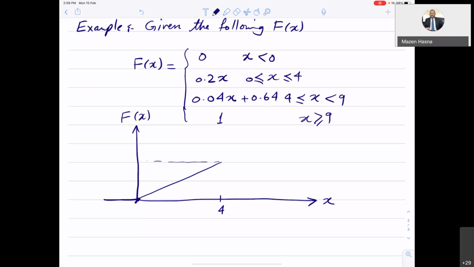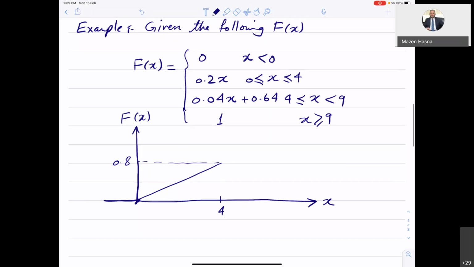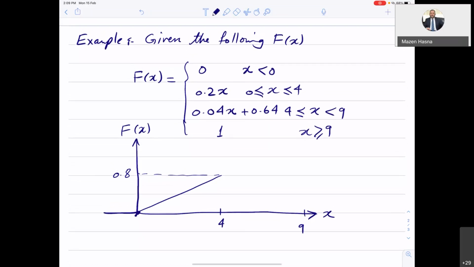Then between 4 and 9, it's another straight line that goes all the way to 1. So at 4, it is 0.8, and this is how it looks, and then it will continue at 1 to infinity like this. So this is capital F of x.